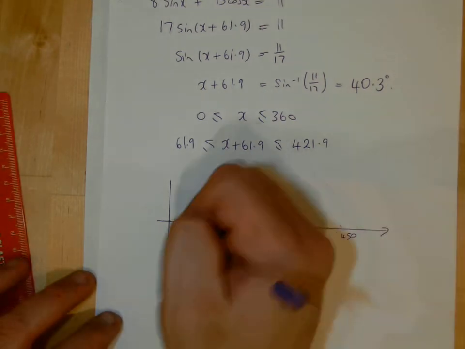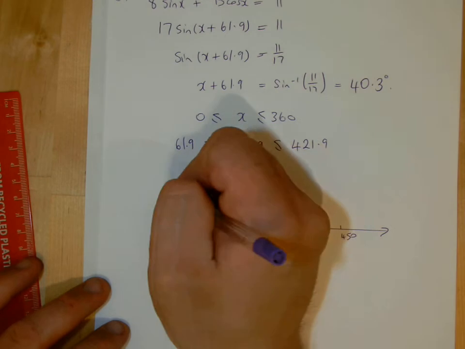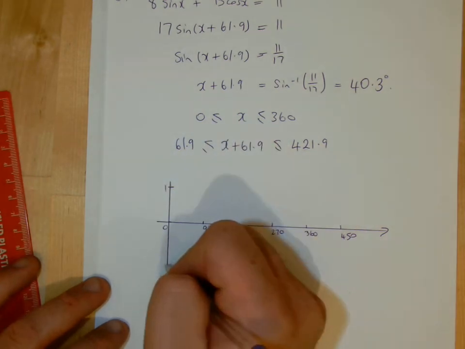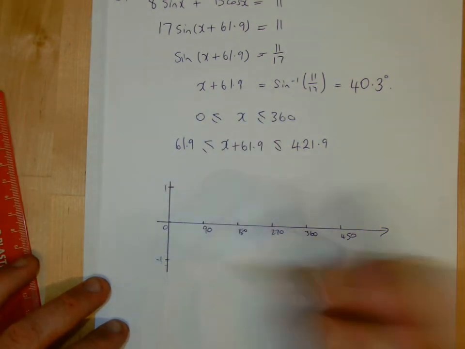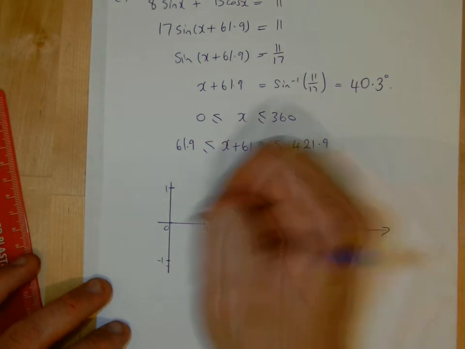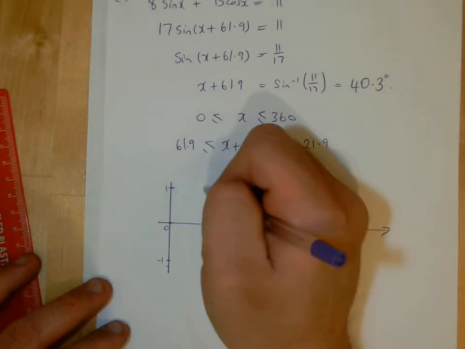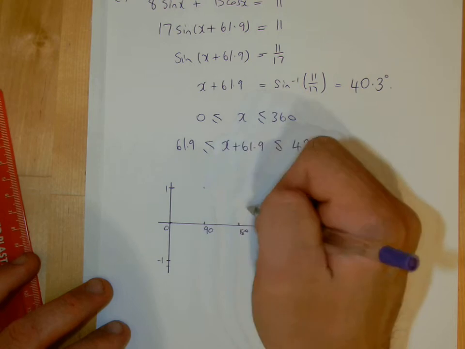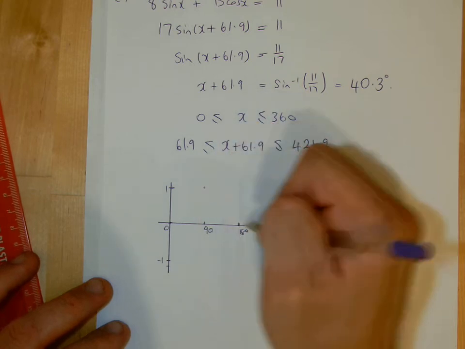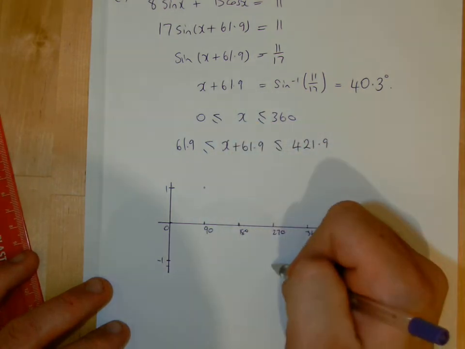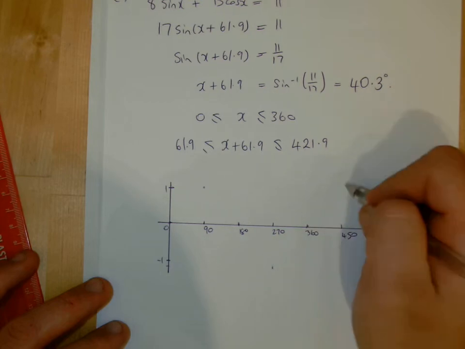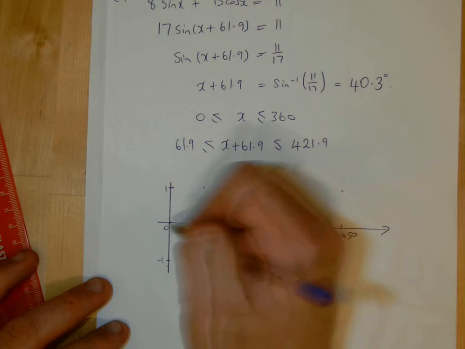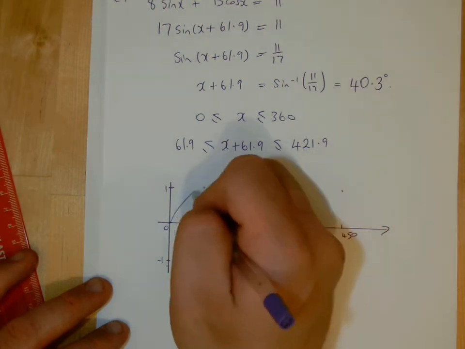And I want to draw my sine graph, 0 there of course, put 1 here, minus 1 there. So sine 0 is 0, sine 90 is 1, sine 180 is 0, sine 270 is minus 1, sine 360 is 0, sine 450 is going to be 1.